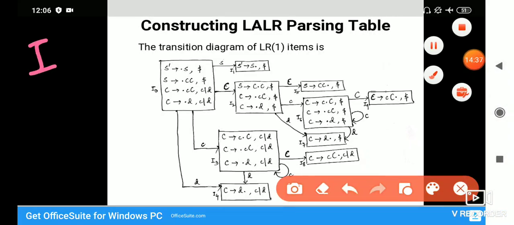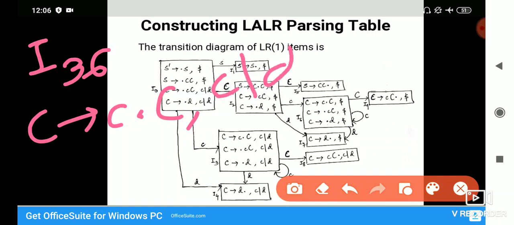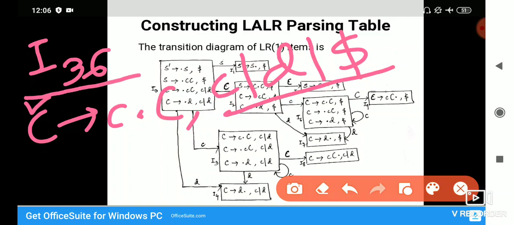For I36, we write C to C dot C, comma, for I3 we had the second component C by D, and in I6 we had the second component as dollar. So all three will be combined together, and this will be the first item in I36.